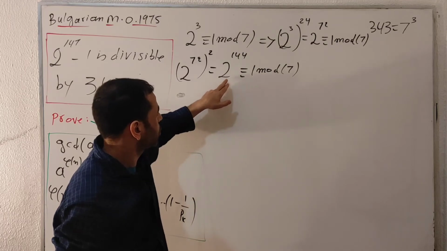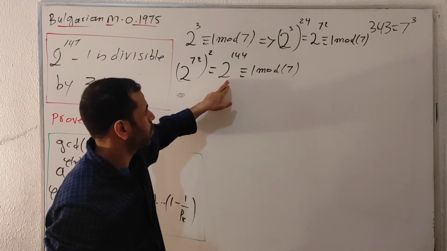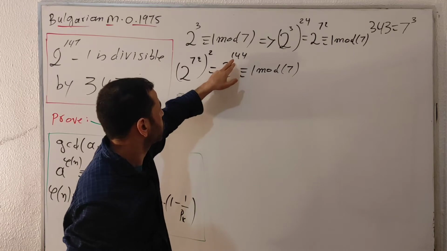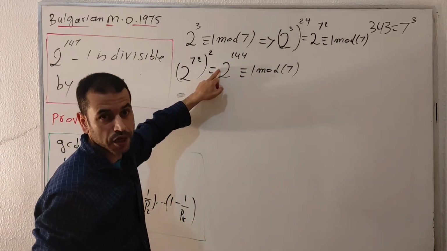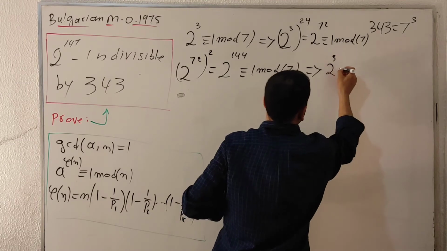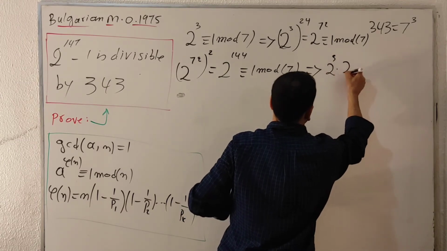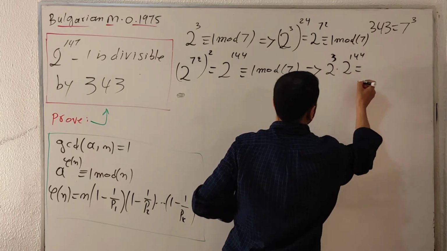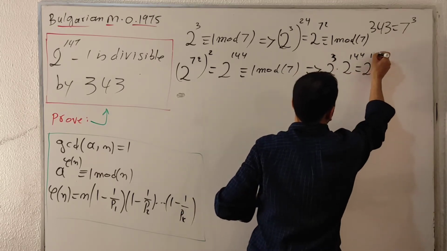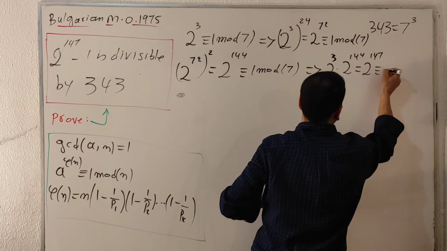So we end up with this expression. Now, since we have 144 and want to get to 147, we just need to multiply both sides by 8. That is 2^3 multiplied by 2^144, which equals 2^147, which is congruent to 8.